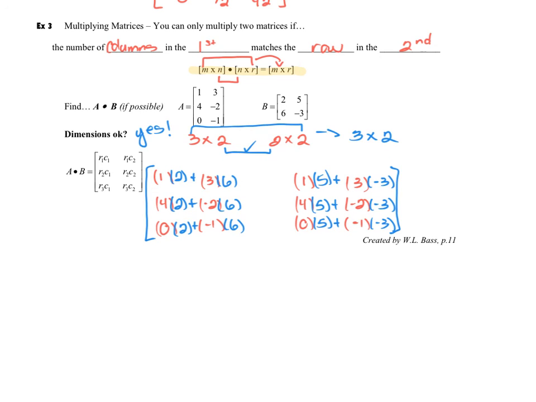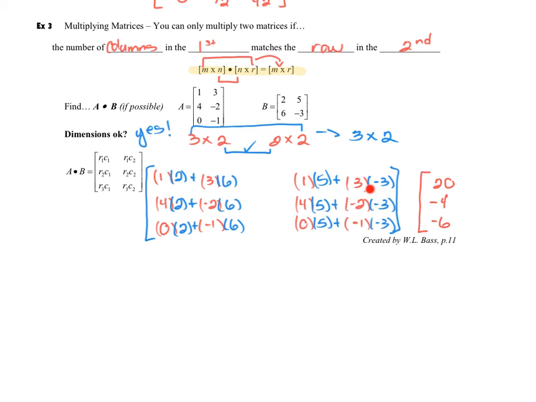So our final matrix is going to be my 2 plus my 18, which is going to give me a 20. And my 8 plus my -12 is going to give me a -4. My 0 plus my -6 is going to give me a -6.